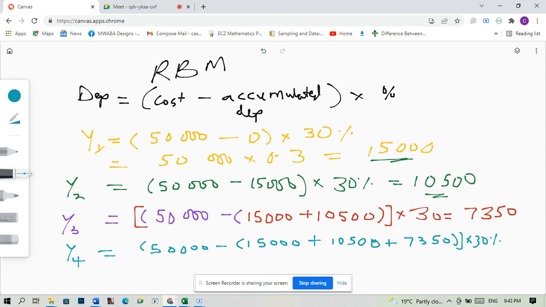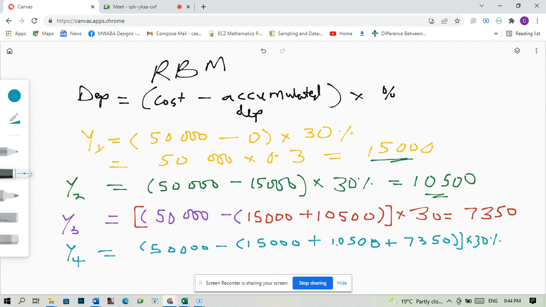So we do the operations in the brackets. 15 plus 10.5 plus 7,350, we're going to get 32,850. For this total here, we're going to get 32,850. Then we're going to say 50,000 minus 32,850.